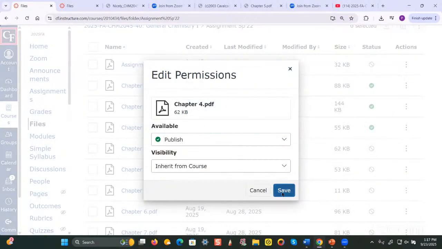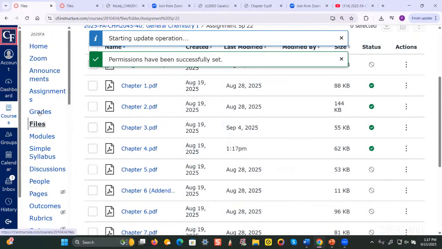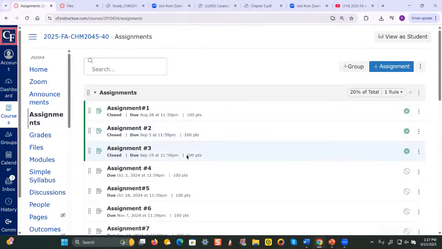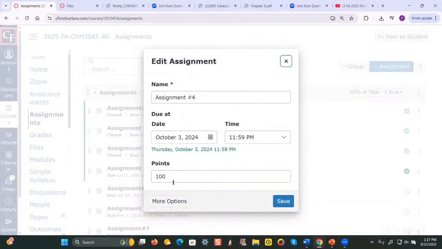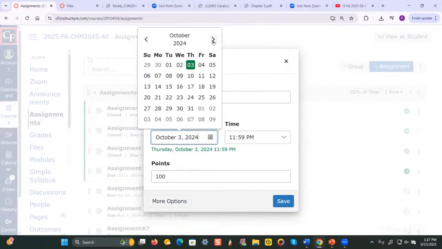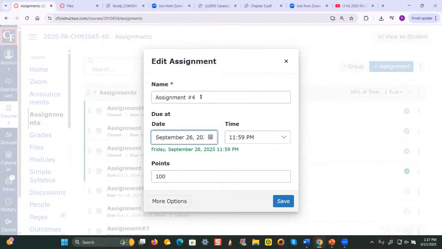It's now published, and then I am going to create a Dropbox for the assignments, assignment number 4. I'm going to say that the deadline for submission of assignment number 4 be Friday, September 26th.